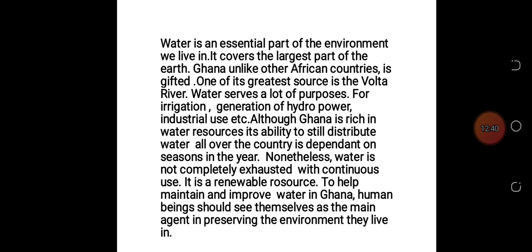You read the passage and answer the questions beneath or beside it. That's on the next page. You have the questions on Ghana's water resources. You fill in the omissions, that's the blanks there. You fill in those blank spaces.